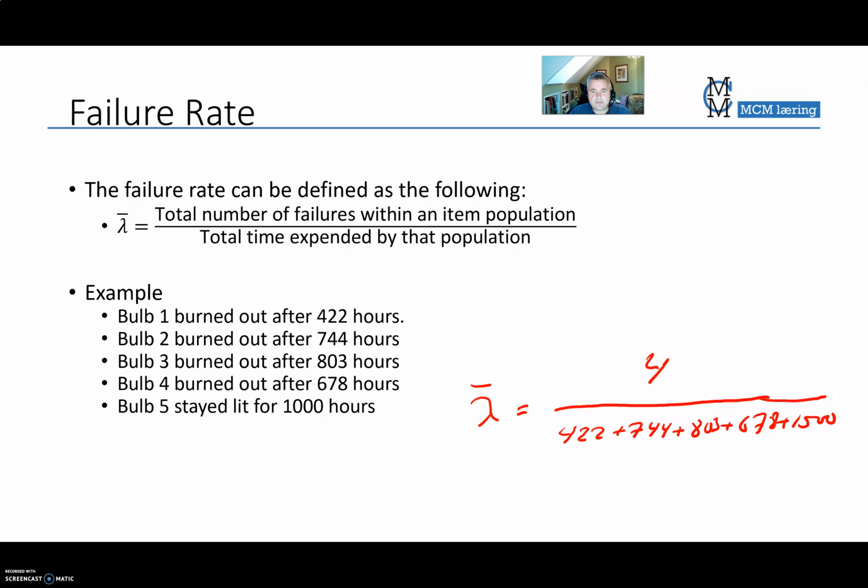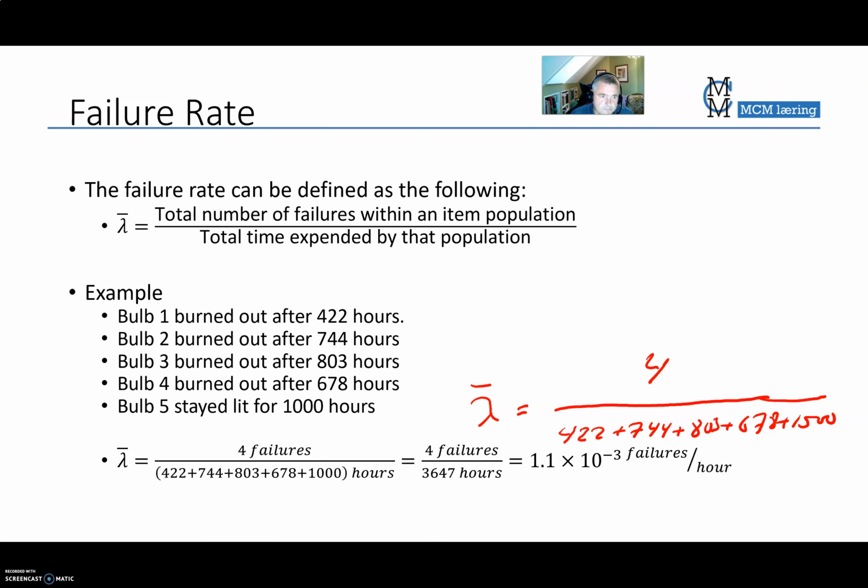So the failure rate would be so and so many failures per hour, or per year, or even per week. In this case, that would be 1.1 times 10 to the minus 3 failures per hour. We could, of course, convert that to failures per year, for example.